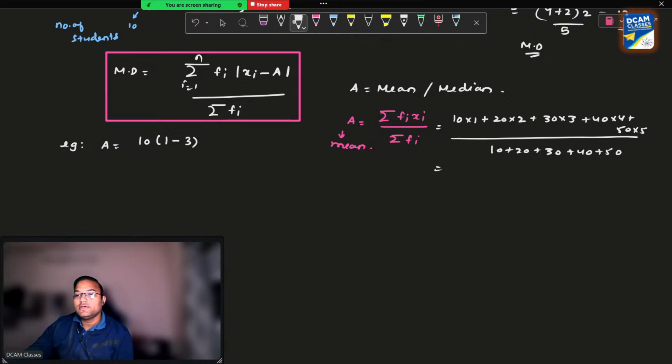You will get actually 3 only. Plus 20 into mod 2 minus 3. Again, mod, do not forget the mod. Plus 30 into mod 3 minus 3. Plus 40 into mod 4 minus 3. What am I doing?